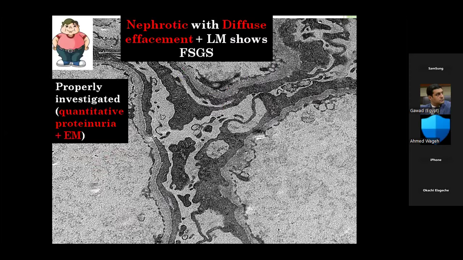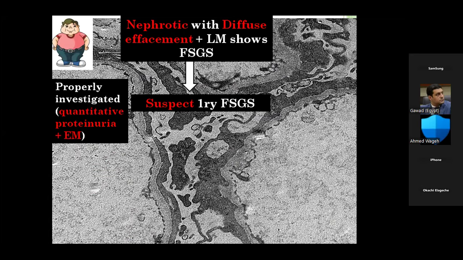Another scenario for the same patient is the quantitative assessment of proteinuria with EM. The patient had nephrotic range of proteinuria with diffuse effacement and a full picture of nephrotic syndrome, as the light microscope picture showed FSGS and diffuse effacement under electron microscope, and this suspects primary focal segmental glomerulosclerosis, because as we have said, diffuse effacement could occur also in genetic focal segmental glomerulosclerosis.